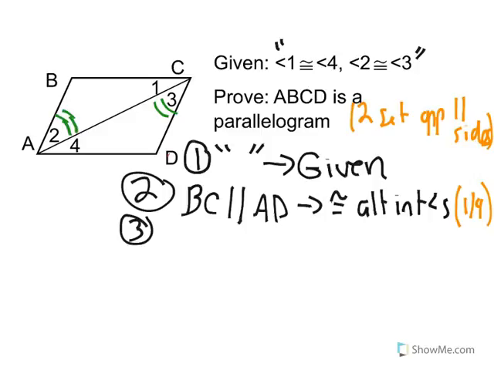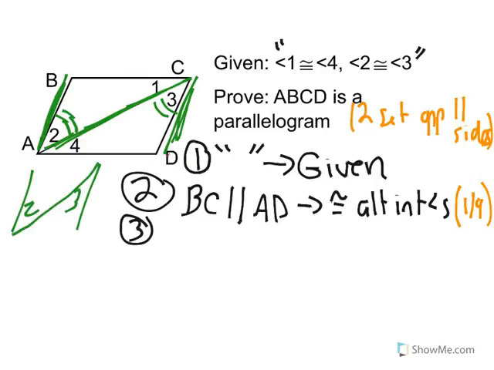So angles 2 and 3 are formed by line AB, line CD, and the transversal AC. If I draw that outside of my picture, it would look something like this, where those are also alternate interior angles. And since I have alternate interior angles that are congruent, that means that those sides that form them have to be parallel.